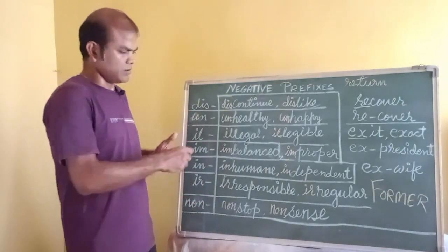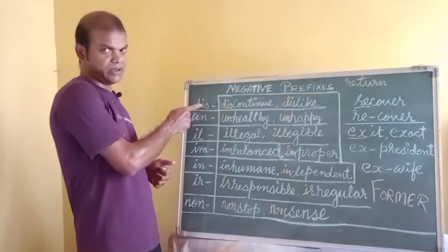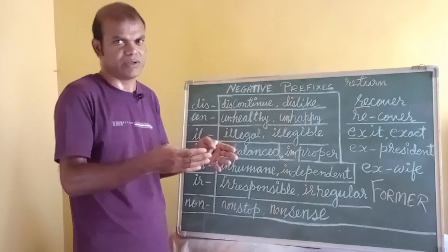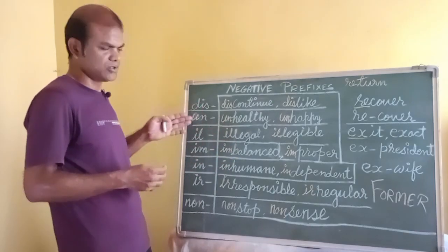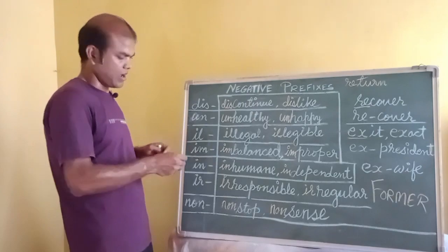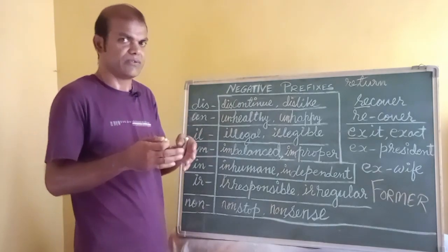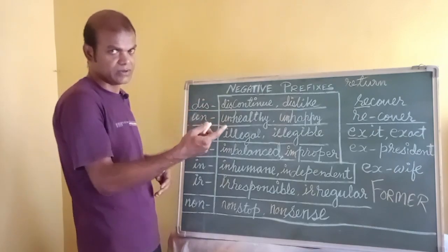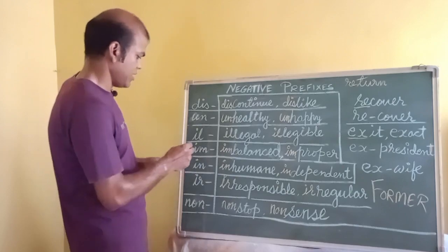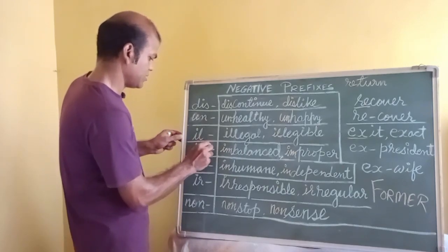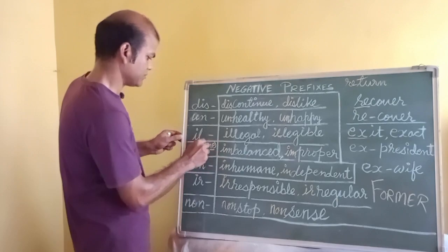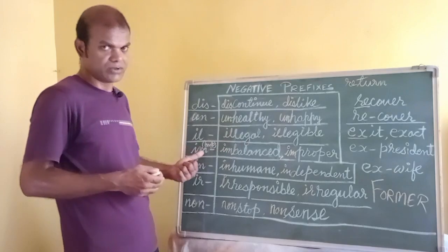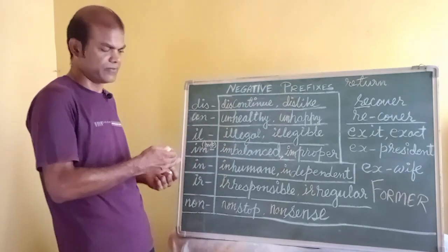Now, these prefixes un, in, and so on, they will come with a word which has a consonant or vowel. Any word we can join these. Il, a word which is starting with l, which has the first letter l, we are going to use il with that word. Im will have b, m, p. The word which begins with b, m, or p, we are going to use the prefix im before that word.